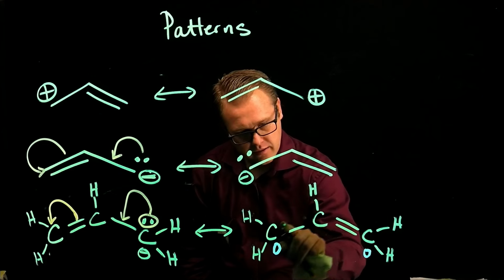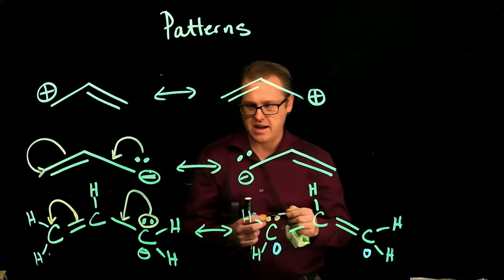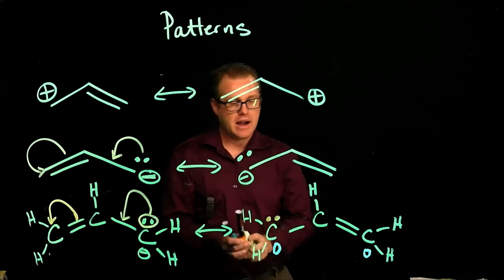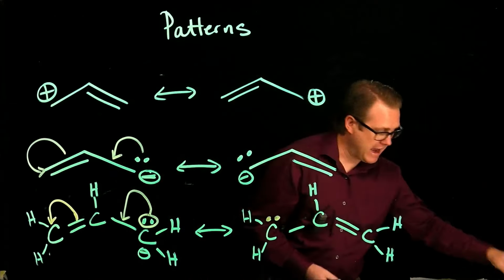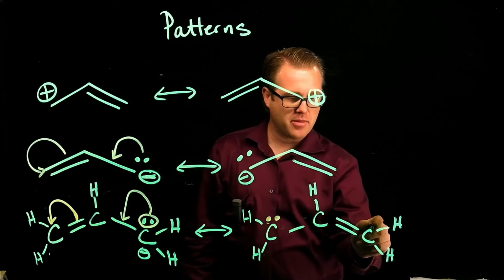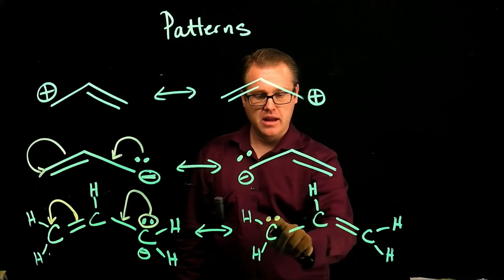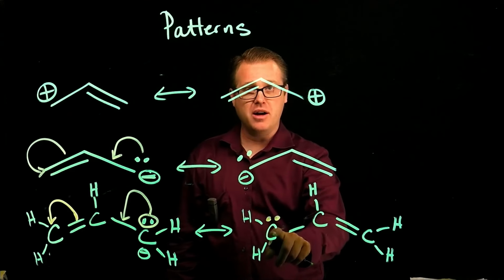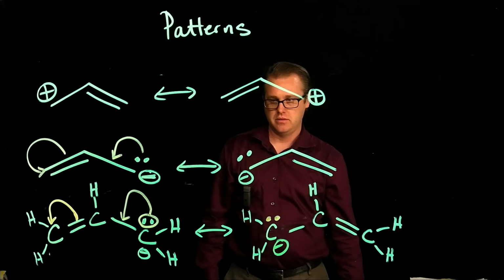So I'm going to take that away and say, hey, the lone pair goes there. Now I recalculate the formal charges. So that carbon has 4 bonds, that's neutral. That carbon, 4 bonds, neutral. That carbon, 3 bonds and a lone pair. That makes that a -1.